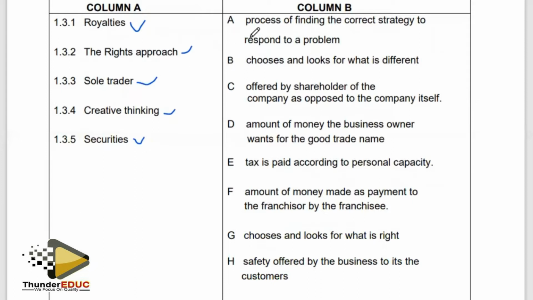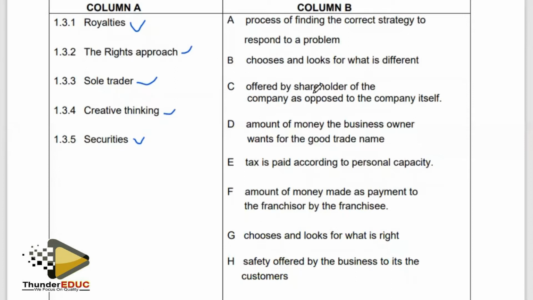Yes, look at this. A process of finding the correct strategy to respond to a problem. B, chooses and looks for what is different. C, that is very important. Try to find out what it means. Find out whether there is any terminology that is described here.